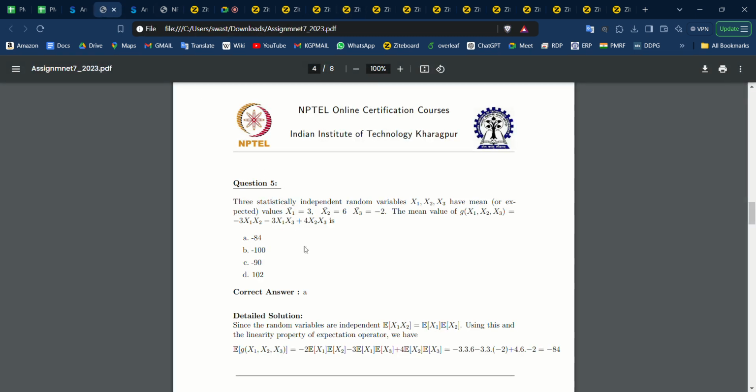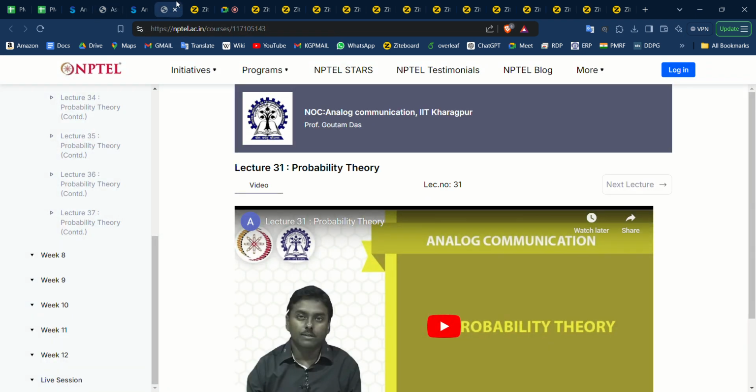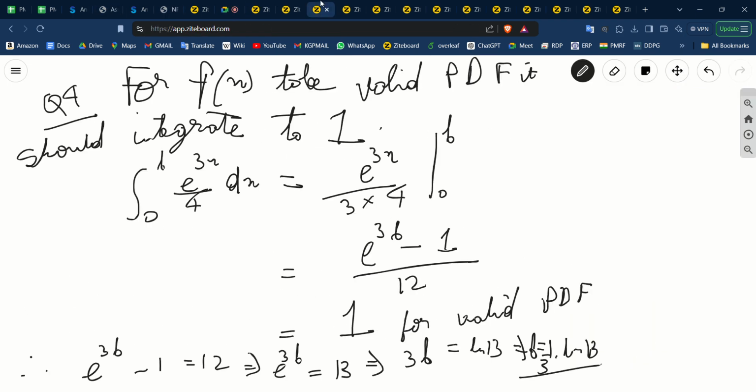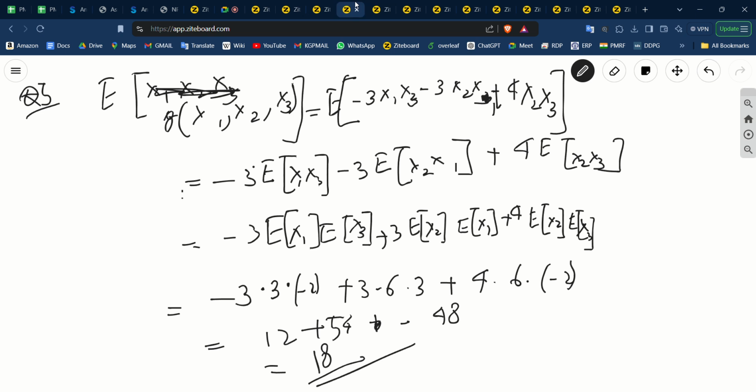Let's see. Did I put the values correctly? Okay, negative 336. I beg your pardon. It's negative 336. I put the values incorrectly. This will be negative 336.